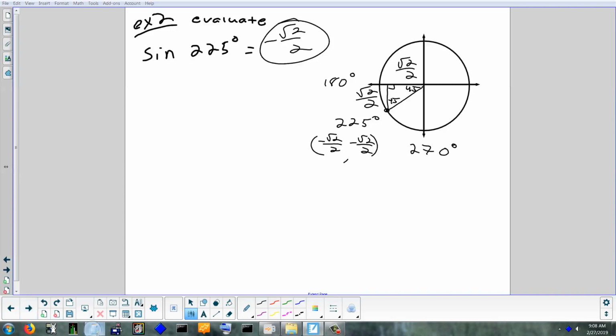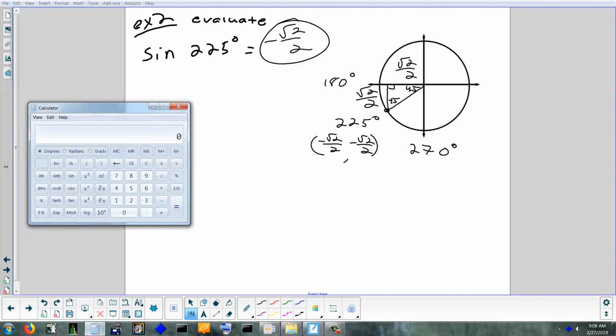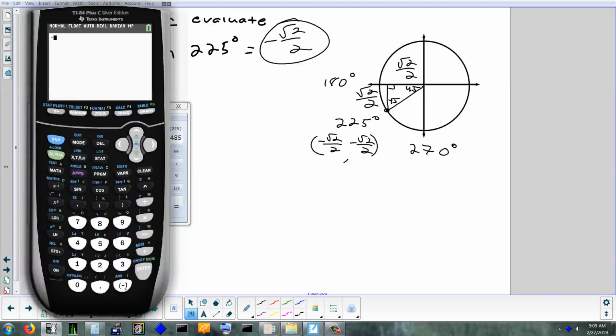If you type that in on a calculator, the reason we're not using a calculator for this is because watch what the calculator gives me. Negative 0.707106. It doesn't give me negative root 2 over 2. But watch if I type in negative root 2 over 2 on the calculator, watch what I get.